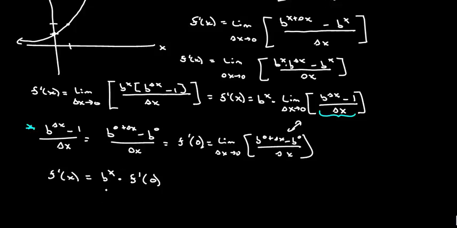So what we've found now is a generic way to find the derivative of b to the x. So d dx of the function b to the x is equal to b to the x times the derivative of the function, okay, evaluated at 0. So we'd have to know this guy, and we'll discuss how we get that value here.